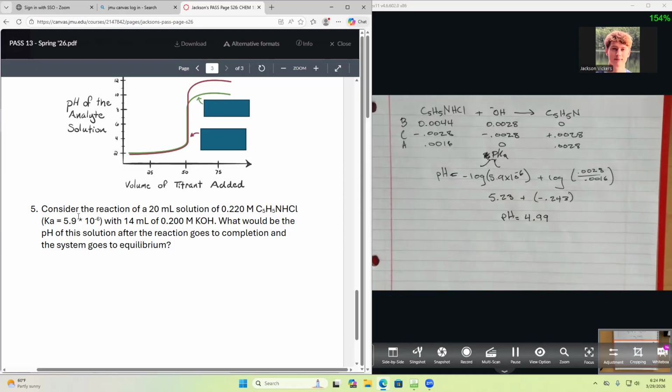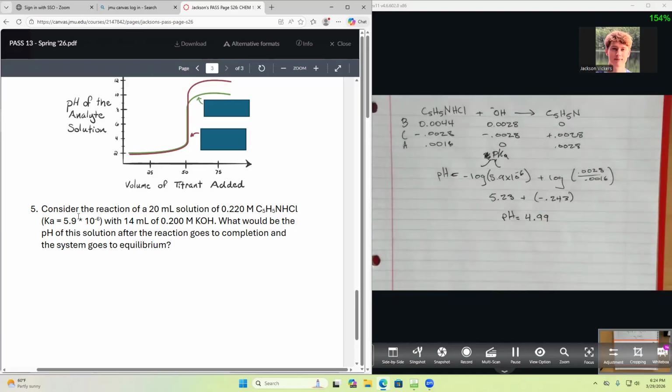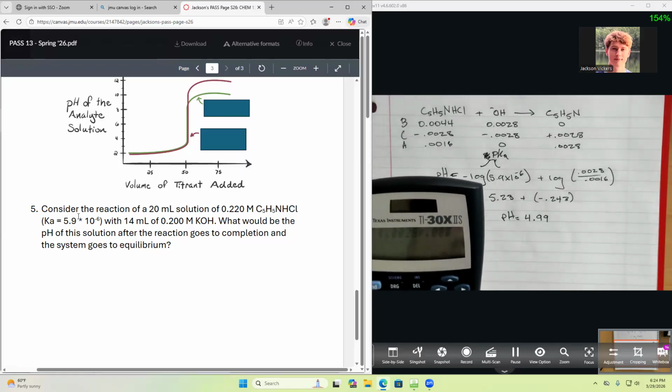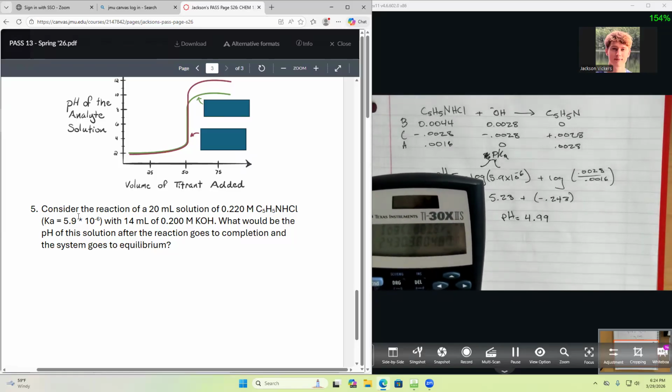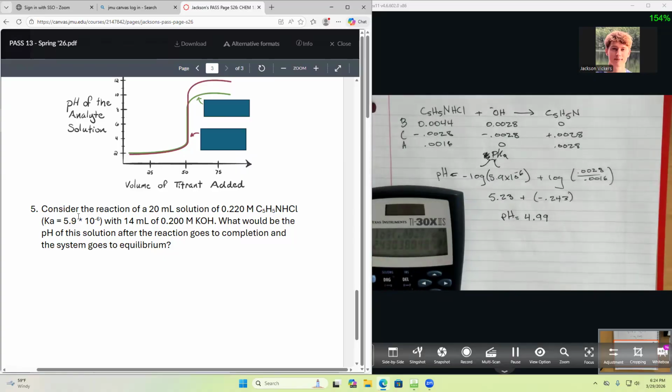Yeah. Did you type this whole string out? I would be careful with that, because anytime I can break up a calculator thing into multiple steps, I do, to be safe. So if I do log of 0.0028 divided by 0.0016. Oh wait, I must have messed up.